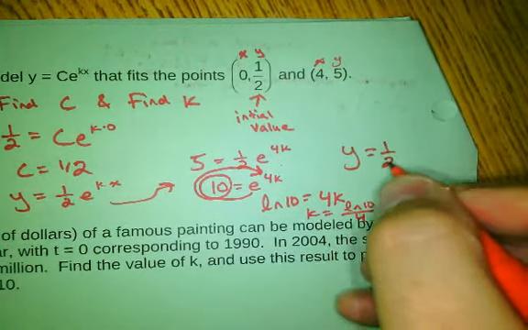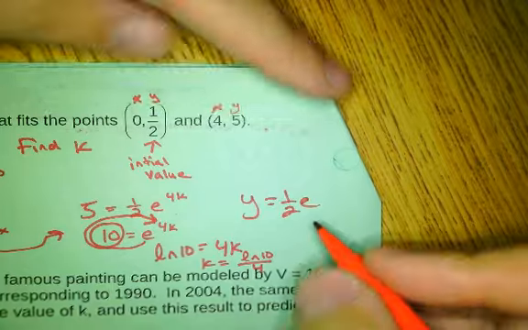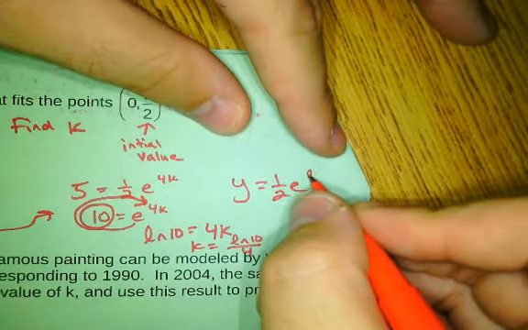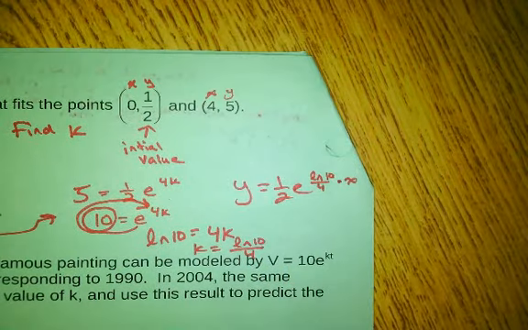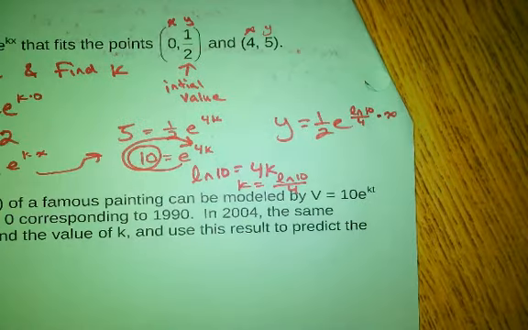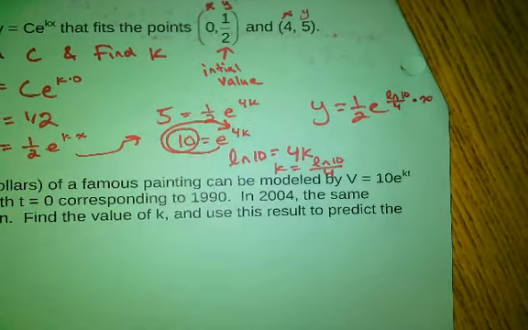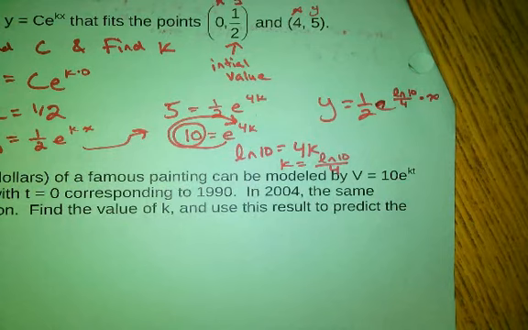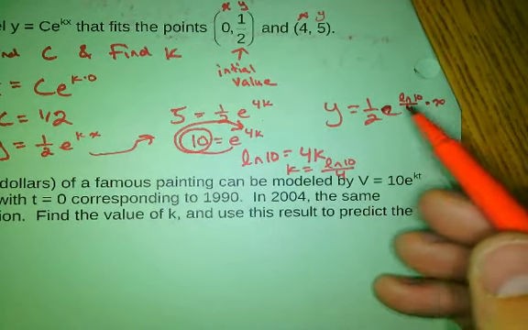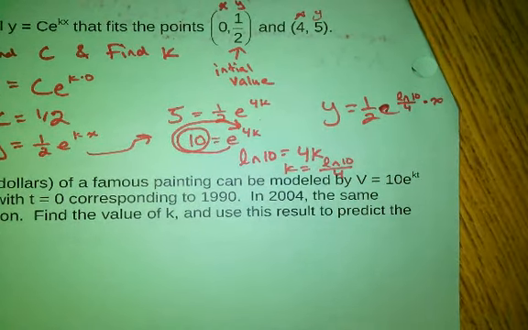So Y equals 1/2 e to the ln 10 over 4 times X. I wish we could simplify this more, but the notes tell me not to do that, because we could actually simplify this more because of exponent rules, but whatever. Good enough for me.